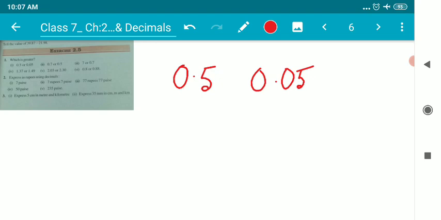Here the leftmost digit is 0, here is 0. Both of them are the same, so I cannot find which one is greater. Next is the decimal point. Here is a point, here is a point. Both have the point in the same place, so they cannot be compared either. Next, the digit after the point is 5 here and 0 here.